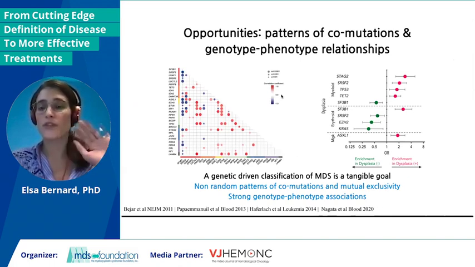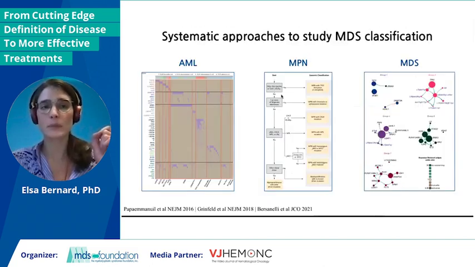Indeed, we observe strong and non-random patterns of co-mutation and mutual exclusivity between gene mutations and/or cytogenetic lesions. We also observe strong genotype-to-phenotype relationships underlying the clinical relevance of molecular markers.